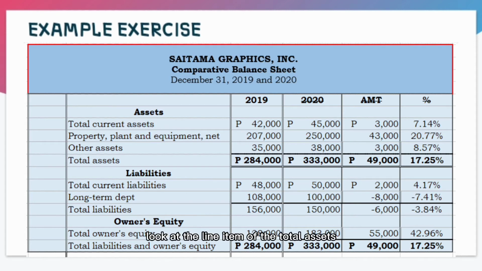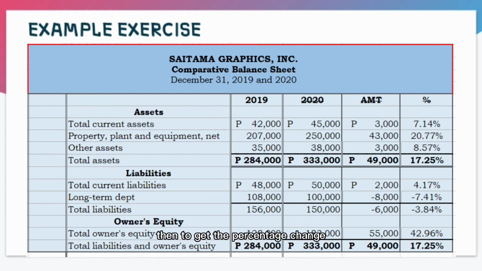Let's have another example to clear things up. Look at the line item of the total assets. The current year amount of 333,000 pesos minus 284,000 pesos of the prior year will equal a change in amount of 49,000 pesos.